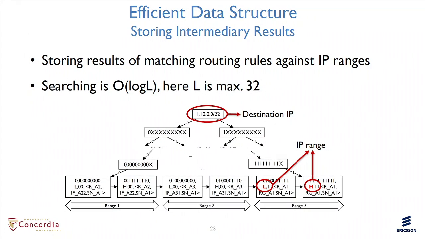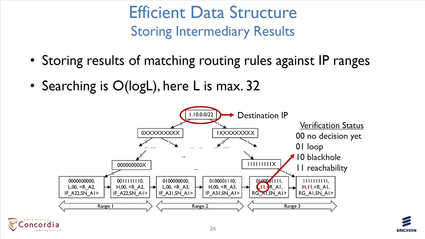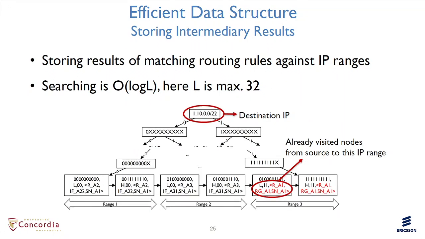For example, we have the lower and higher bound of the IP range. We also store the verification status, whether there is a loop, black hole, or reachability, or it's still in process. And also we store a tuple containing all the visited nodes, including the next hops.